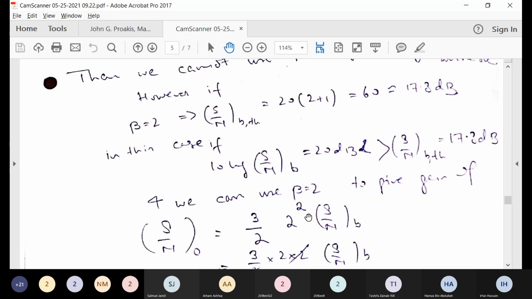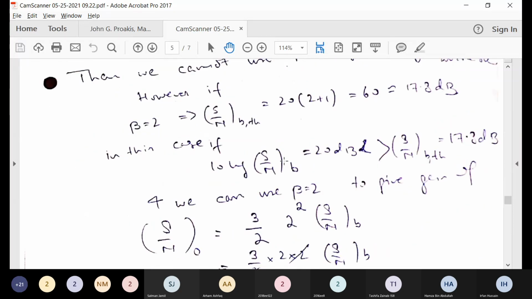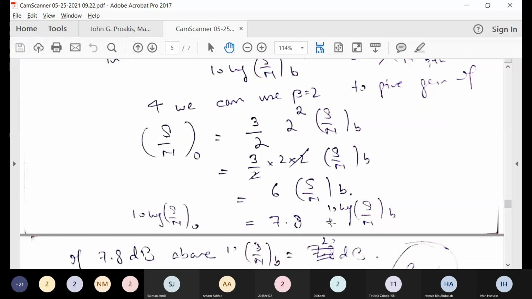If you use beta equal to 2, this is the output signal to noise ratio at the output of the demodulator, which we just saw was 3/2 beta squared S over N. So you will get your SNR output as equal to 6 times S over N. Now you can use this equation because your signal to noise ratio at the input of the demodulator is greater than the threshold, and when you apply 10 log of this, you will get 7.8 dB.